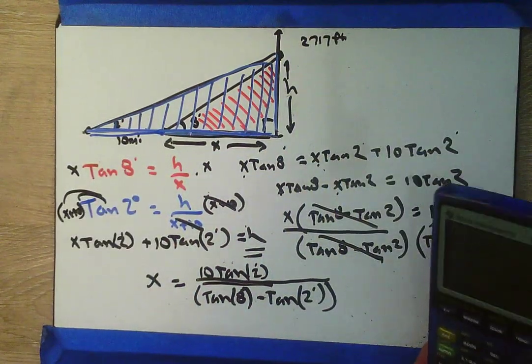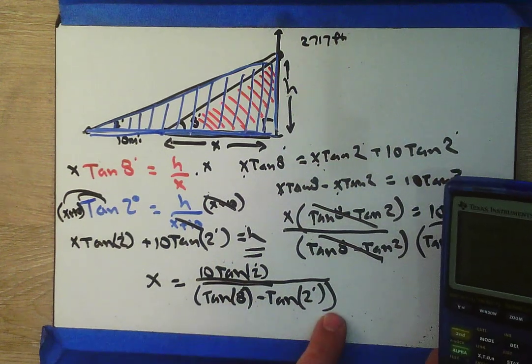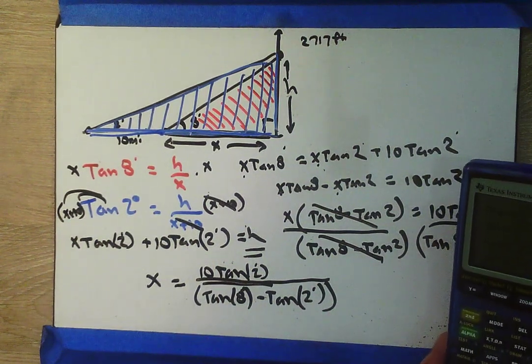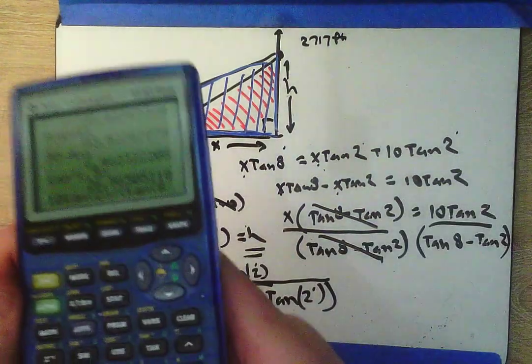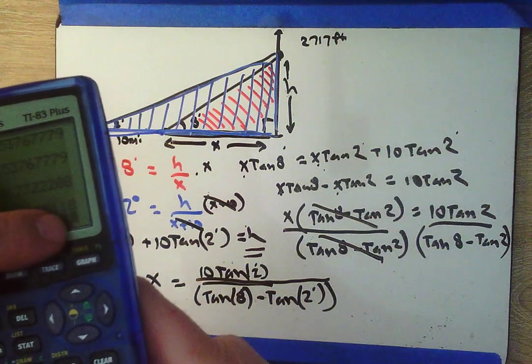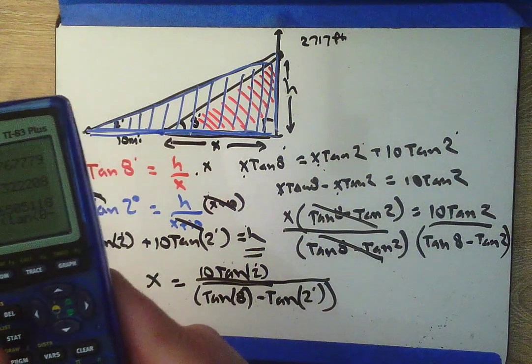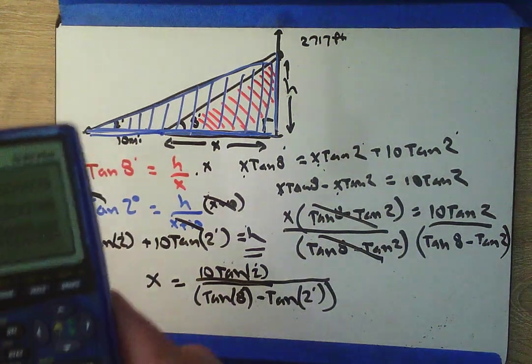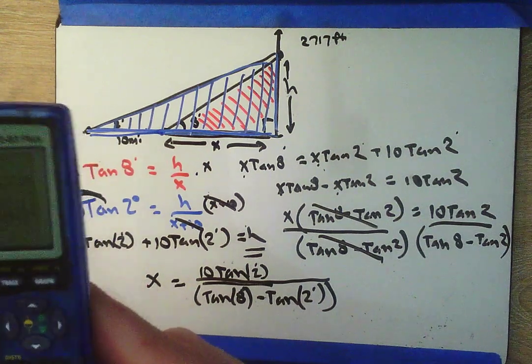10 tan 2 divided by, remember, everything on the bottom has to be in parentheses, tan 8. Now notice when I've got tan 8 here, it opens a parenthesis for me. I'm going to have to close that parenthesis before I subtract tangent 2. And then I'm going to close two parentheses.